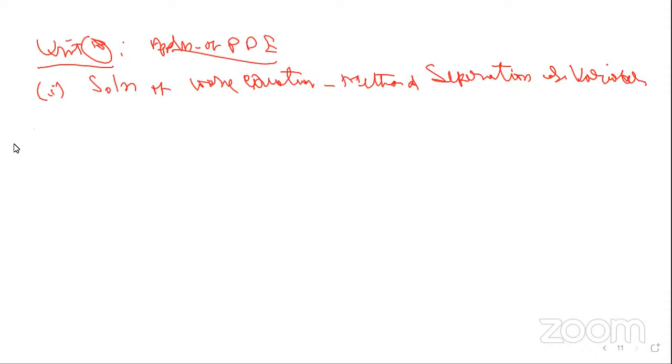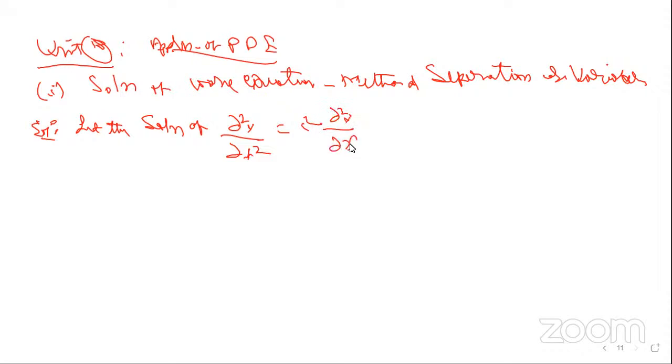Let the solution of 1. What is 1 here? Rho square y by dou t square equal to c square dou square y by dou x square, equation number 1, where c square equal to T by m.